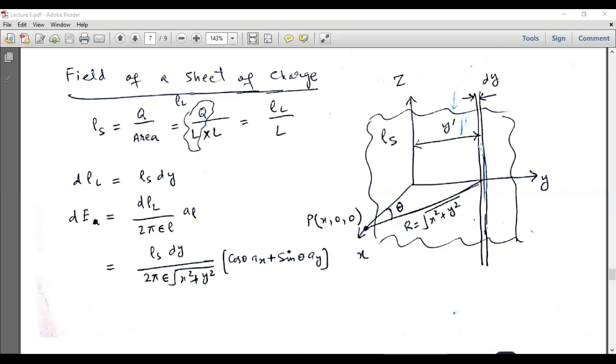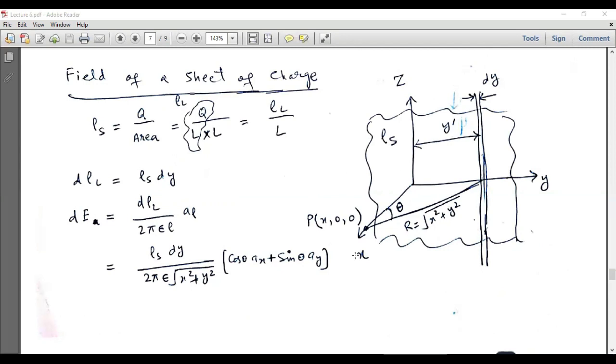But if we integrate from y minus infinity to plus infinity, it means we have the same charge distribution at the minus y plane and the same charge distribution at the plus y plane. So along the plus y axis and along the minus y axis, we will have the same charge distribution.